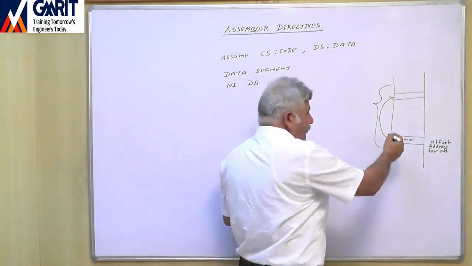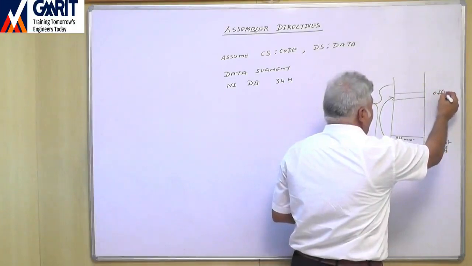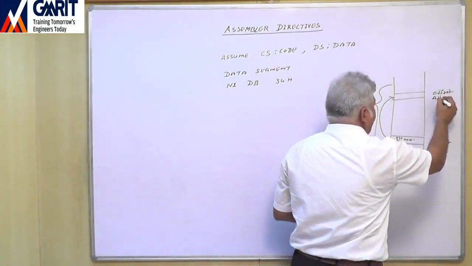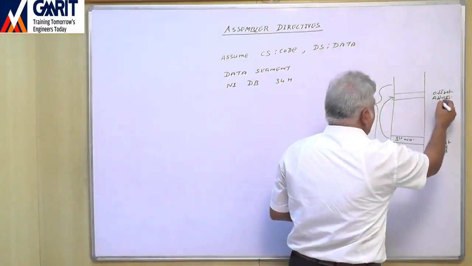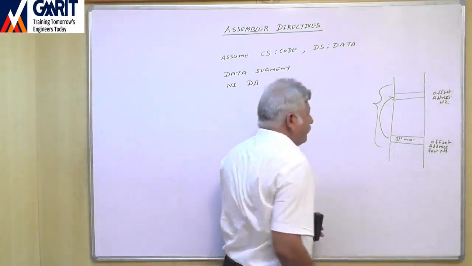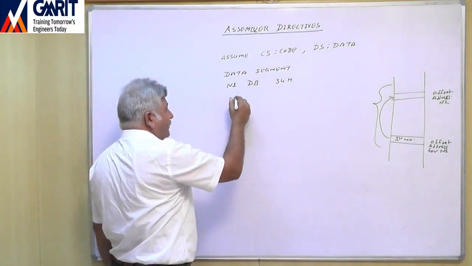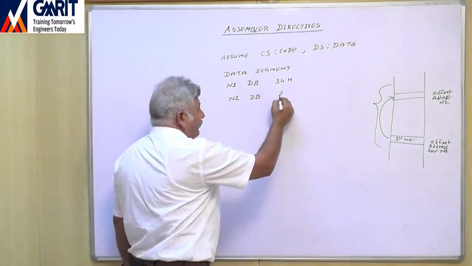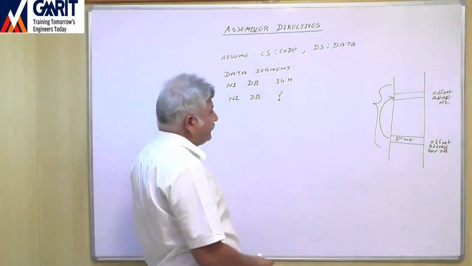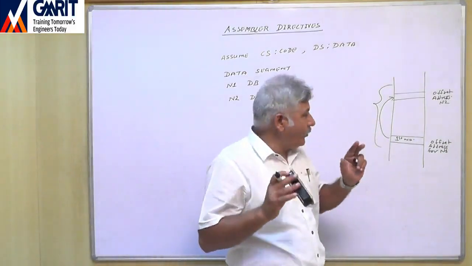Now, since I want to transfer this number to a new offset address, I will call this by another name, N2. So now I will create another offset address by the name N2 DB, and here I will put a question mark. So now what will happen? My assembler will fix two memory locations.